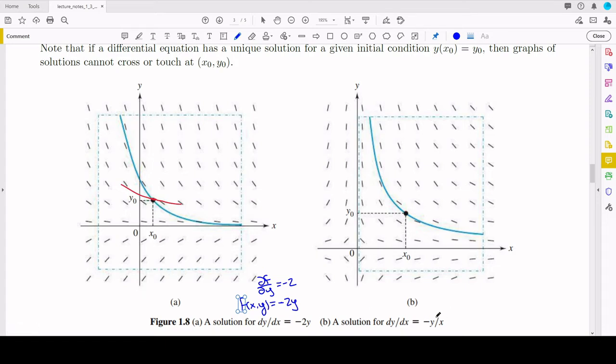Now, for the other differential equation, we have f of x, y equals negative y over x, and the problem arises when x equals 0. Whenever x equals 0, this function is not continuous.